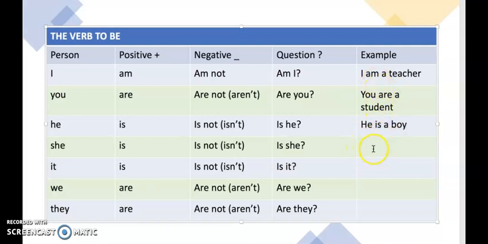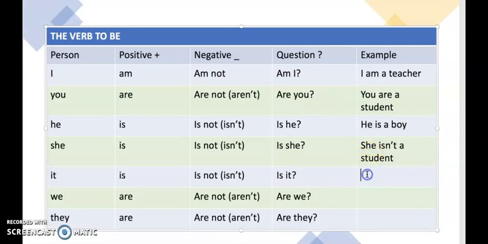Now, these are all positive. Let's make a negative one. She isn't a student. It isn't Tuesday. We aren't, we could have a feeling here, happy.